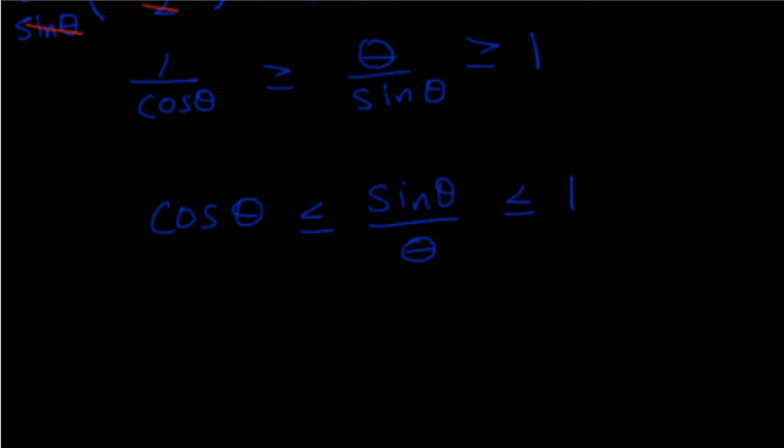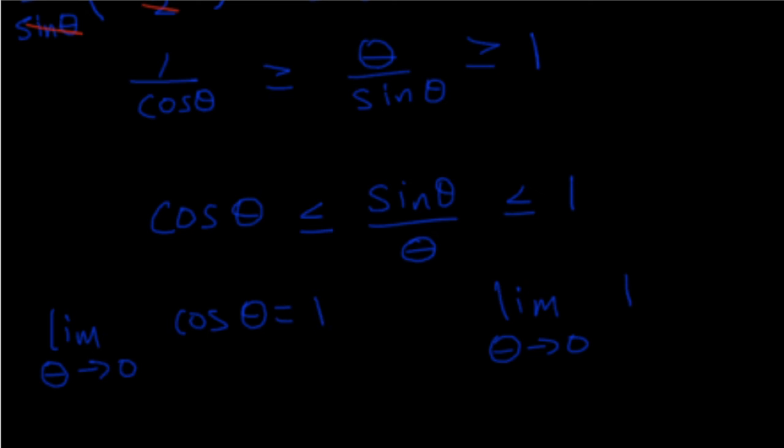And now I'm going to take the limit as theta goes to 0 for all of these. So I'm going to take the limit as theta approaches 0 for cosine theta, and the limit as theta approaches 0 of 1. In both cases, the limit is equal to 1.